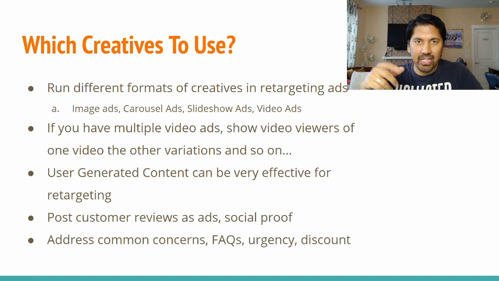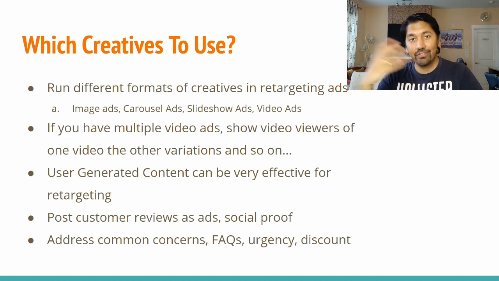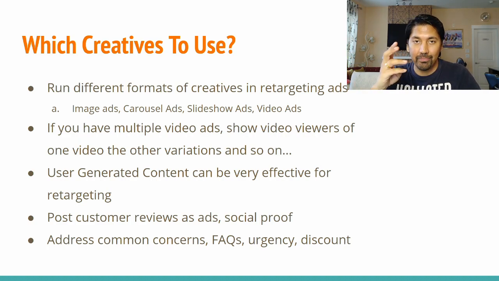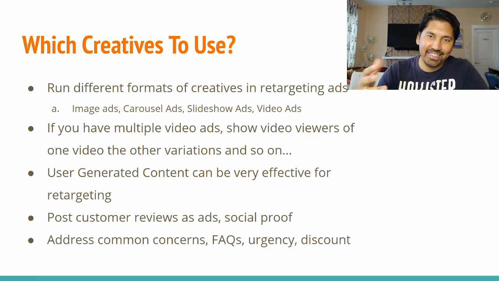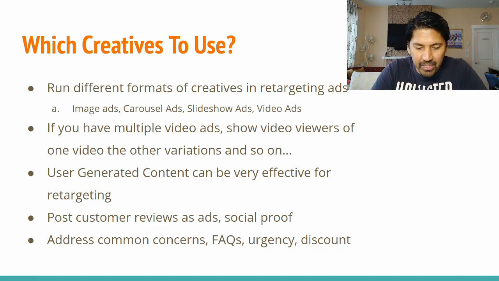So use image ads, use carousel ads, use slideshow ads, and you can use other videos that you may have not used in the cold traffic, right? So use a variety of formats so that customers are seeing the same product but being shown in a different way. It's something fresh. They're not seeing the same thing that they can just scroll past, right?